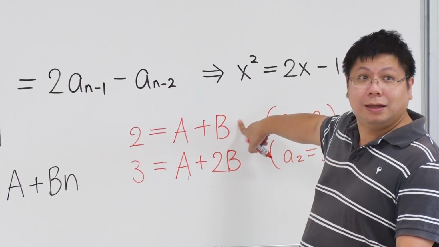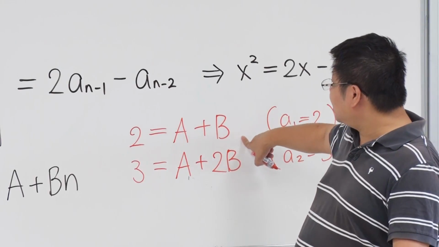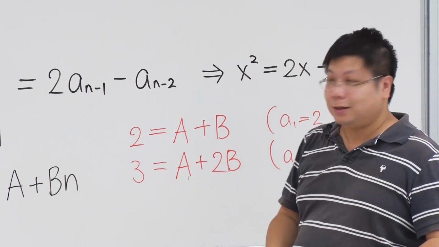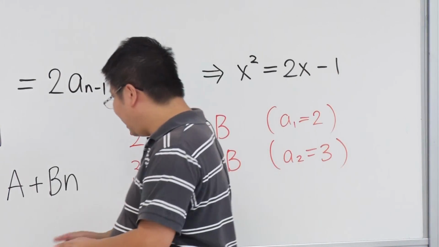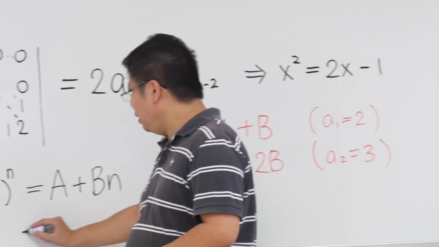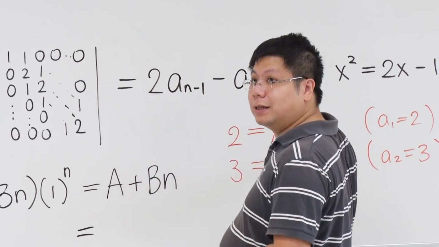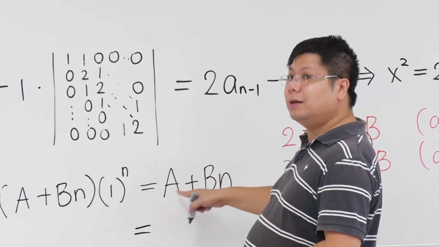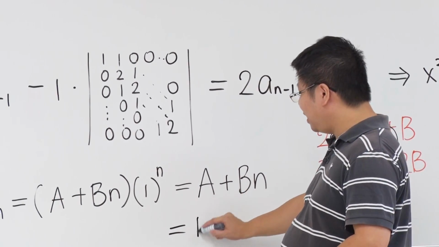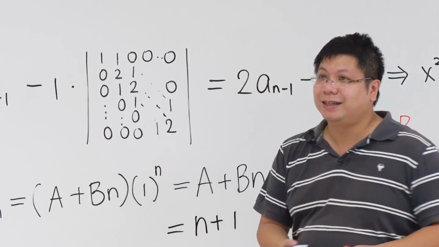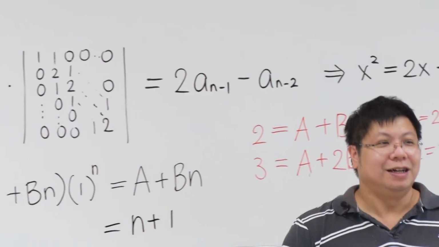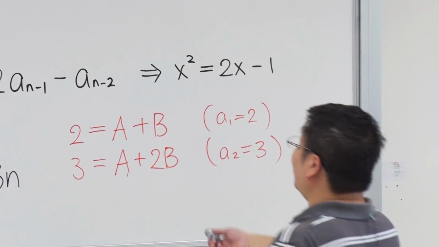B is equal to 1. Now when B is equal to 1, A is equal to 1. Good. So after solving this A and B, A will be 1, B will be 1. So this will be n plus 1. Is that okay? And it works.